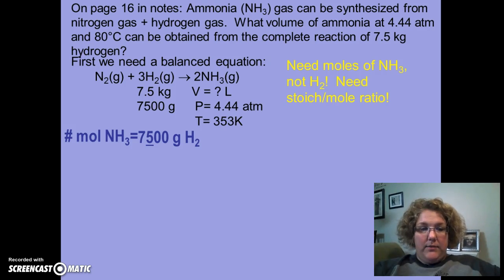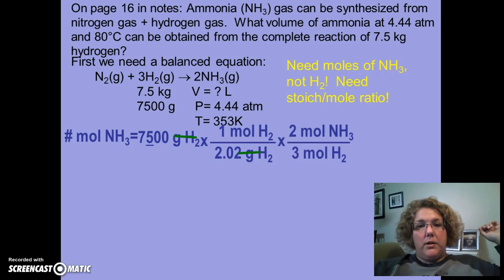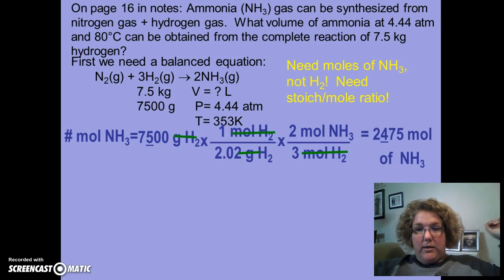All right, so we have 7,500 grams of hydrogen. Going to convert that to moles using the molar mass. And then we're going to convert that from moles of hydrogen to moles of ammonia using the coefficients. And there's a whole bunch of moles of ammonia. That's a lot.